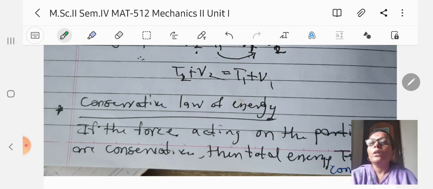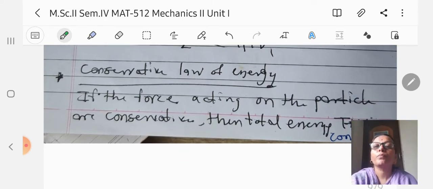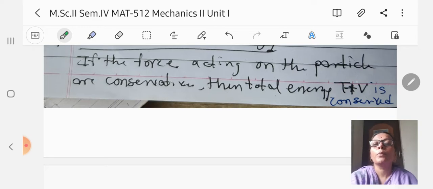Here if the forces acting on the particle are conservative, then the total energy T plus V is conserved, where T is kinetic energy and V is potential energy. We get T plus V equal to total energy.